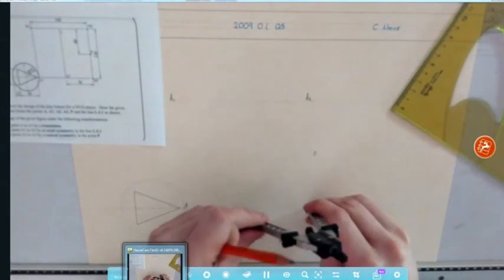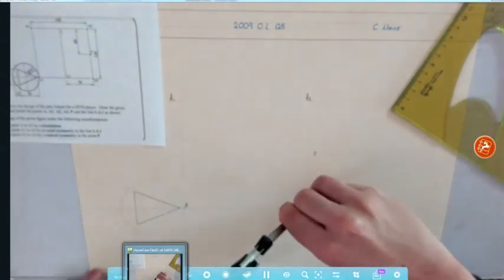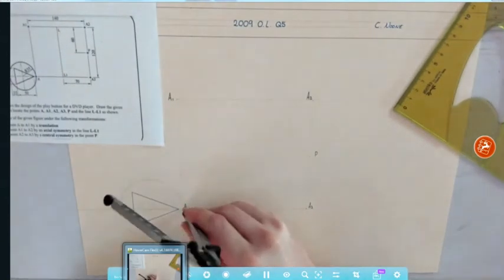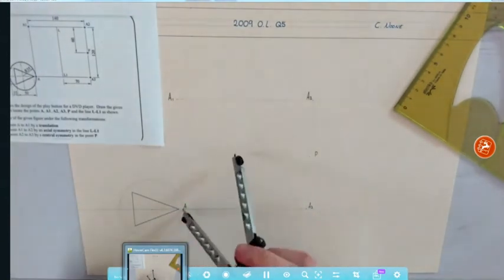Sharp point to the compass at A3, open it up over halfway, swing an arc, keep the compass open just as big, and swing another arc over here.